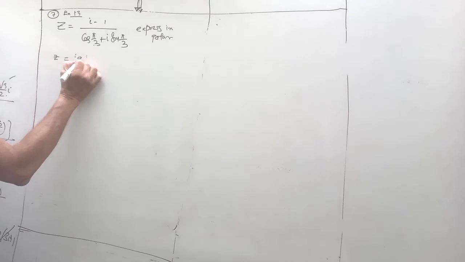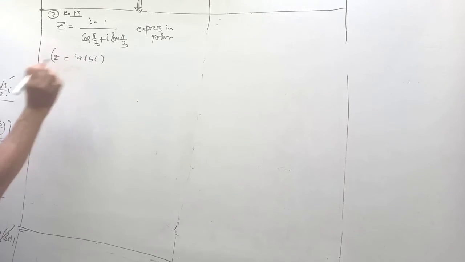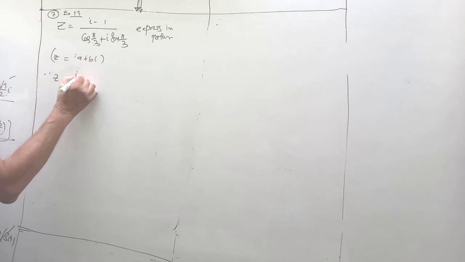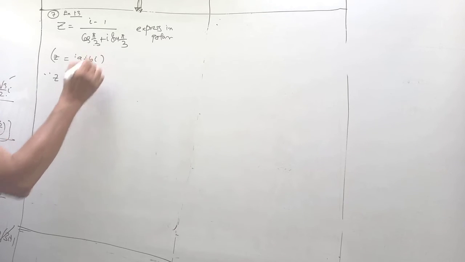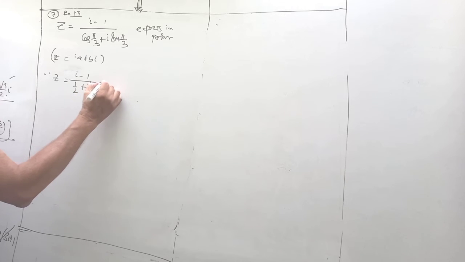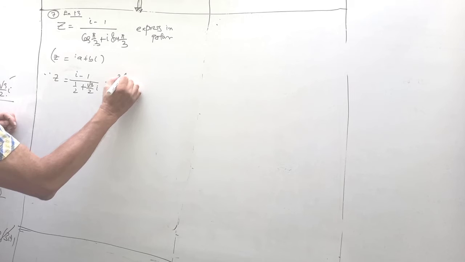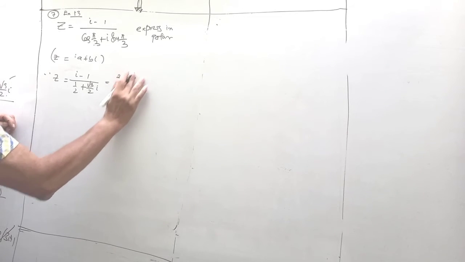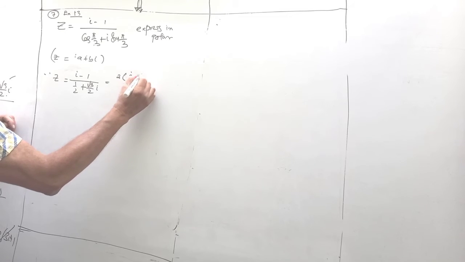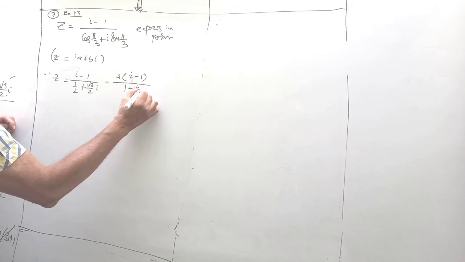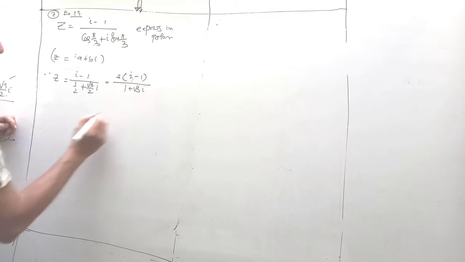Now let z equal to, express in a plus bi form. Hence, we can write z equal to i minus 1 divided by cos pi by 3 plus i sin pi by 3, that is half plus root 3 by 2 into i, equal to 2 into i minus 1 divided by 1 plus root 3 into i.